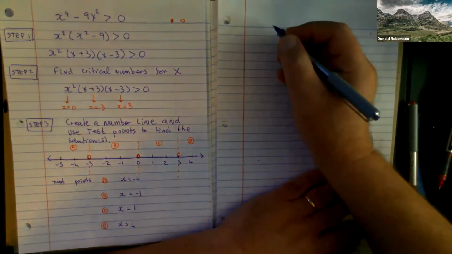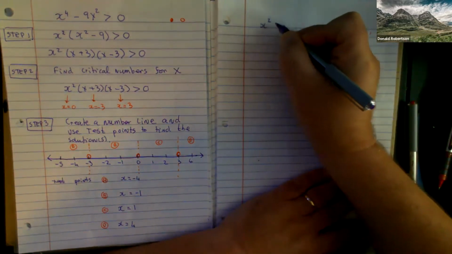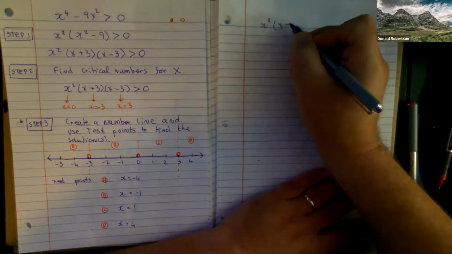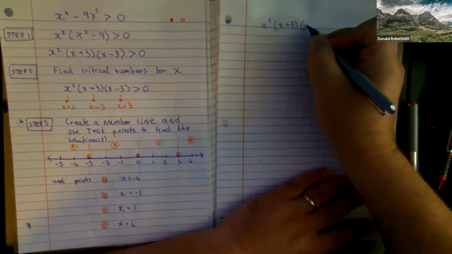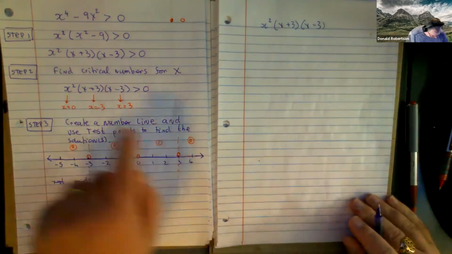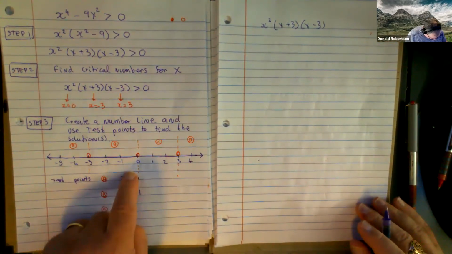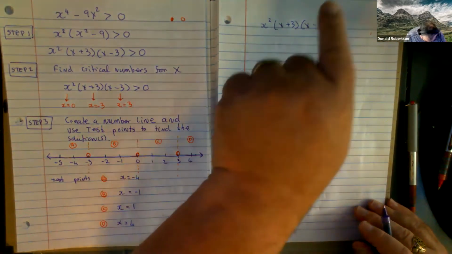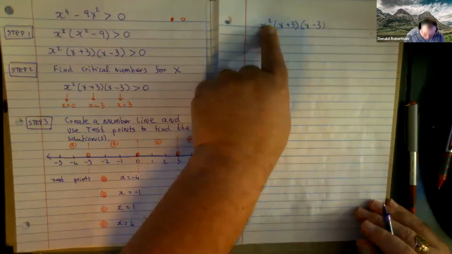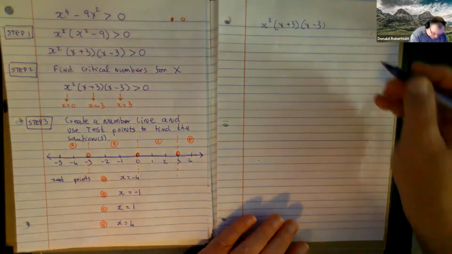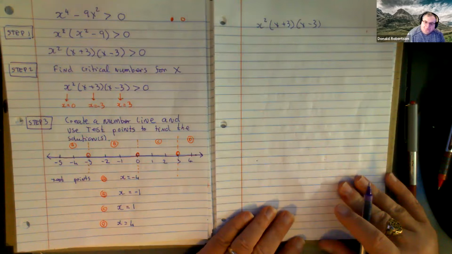So what we have is x squared, x add 3, x minus 3, right? That's the expression that's here. For each one of these test points, I'm going to plug it into this equation, and I'm going to get a numerical answer.